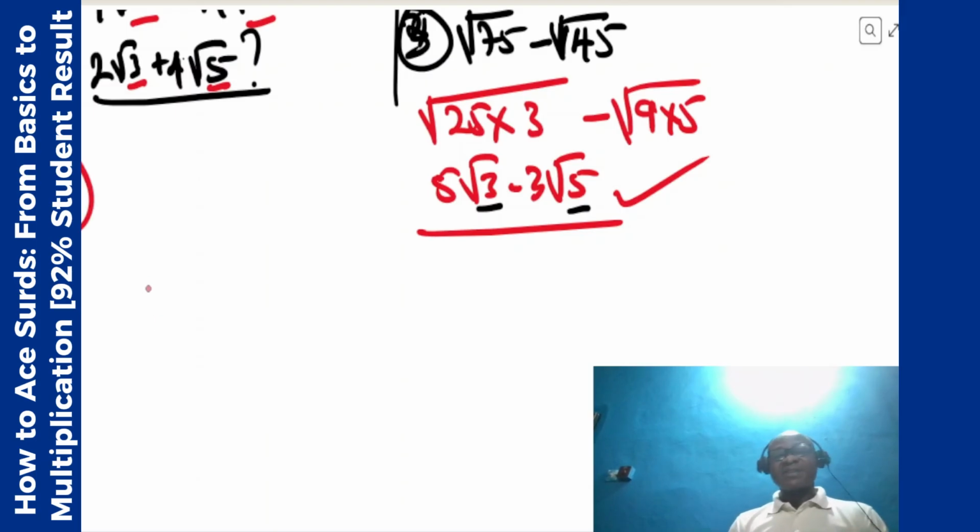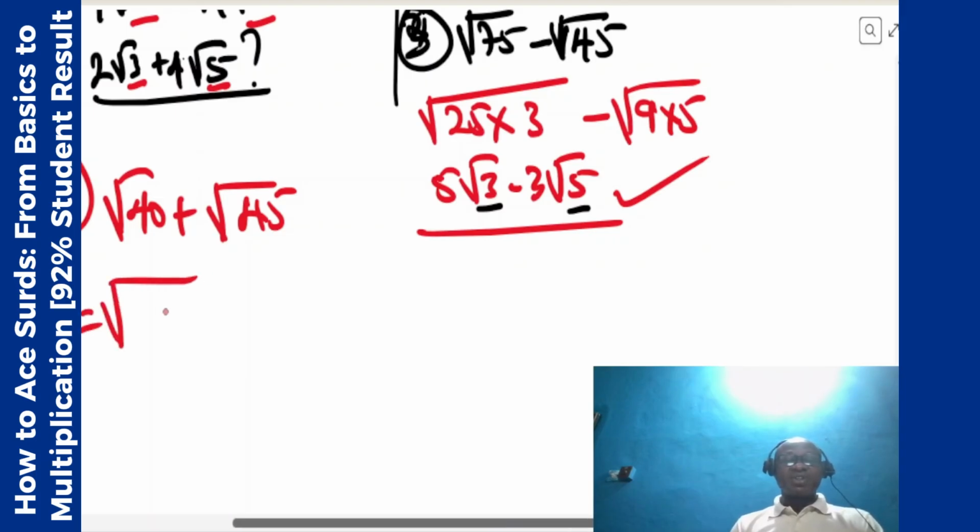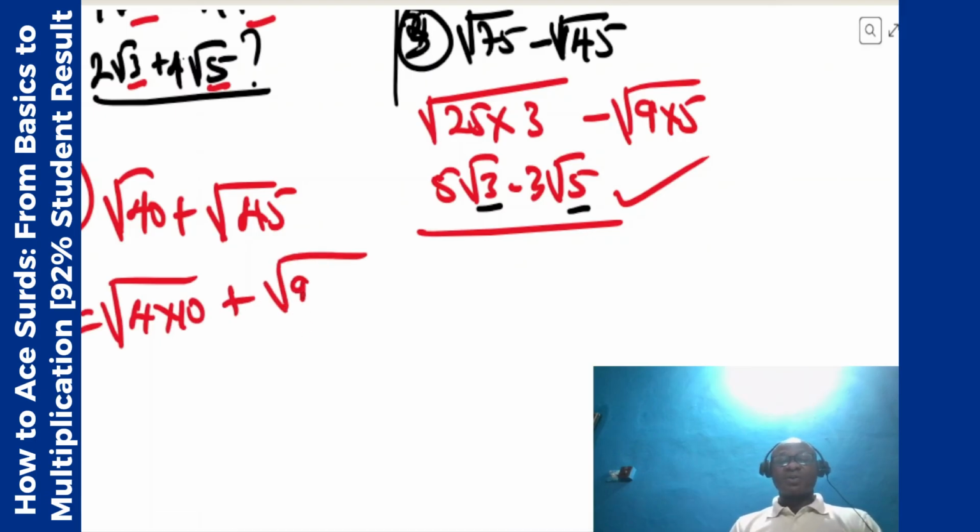Okay, let's see another one where the irrational parts might be the same. For instance, I have taken a question, let's say the square root of 40 plus the square root of 45. This can be solved as 40 is the same thing as 4 multiplied by 10, and 45 is 9 times 5.